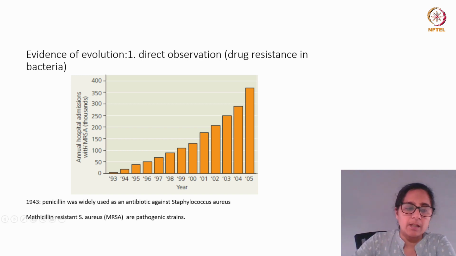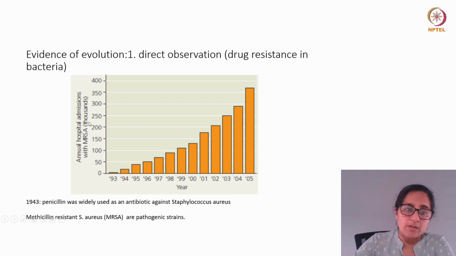So they were not responding to methicillin antibiotics also. In 1993, there were less than 20, hardly any cases. But you can see over the years, the number of people getting admitted because methicillin has not worked has been progressively increasing, right?